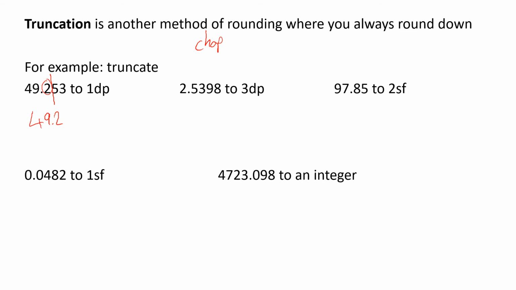Or another way of thinking about it is you always round down. Third decimal place was the 9. Chop the number there, 2.539. Second sig fig, chop the number there. First sig fig, chop the number there. And then integers are here, so we're going to chop our number there. So just be aware, if you see the word truncate, you always round down.